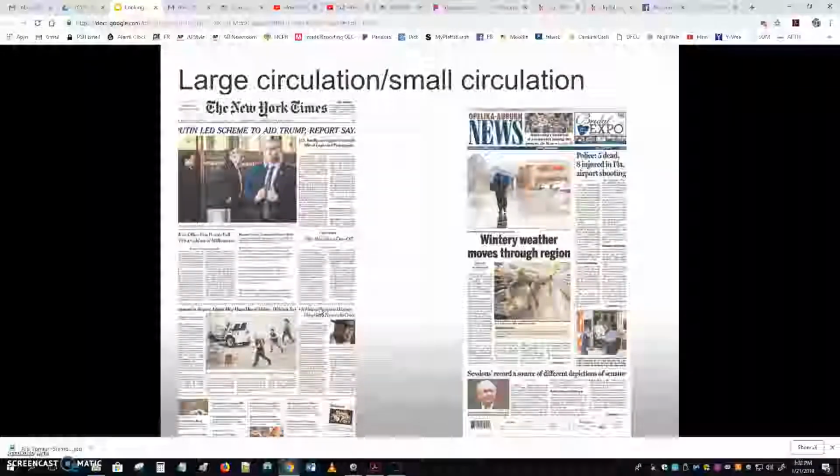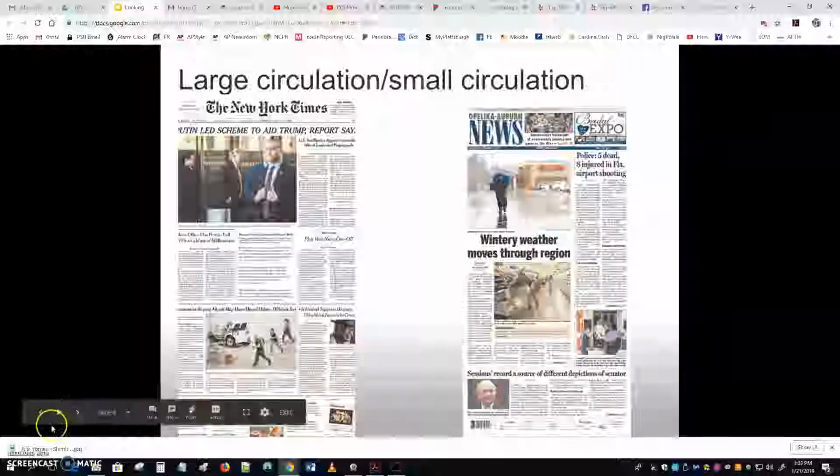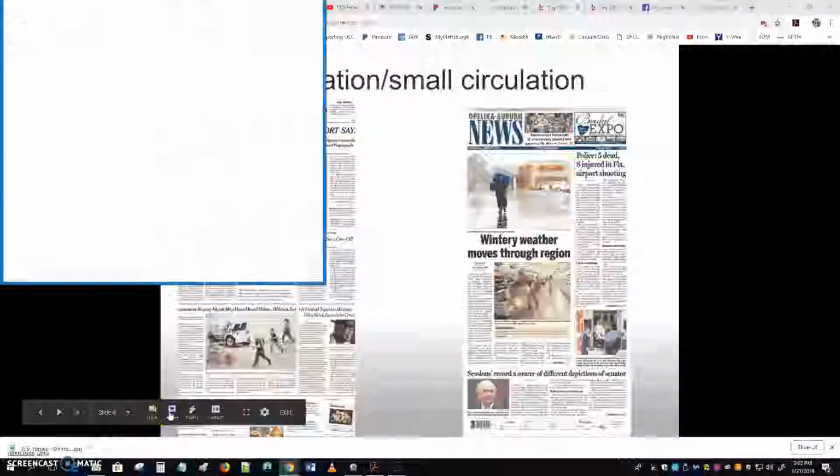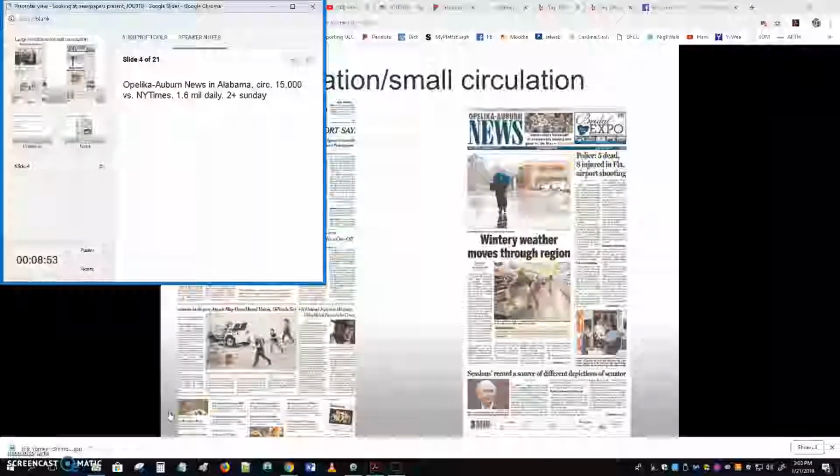But we could talk about some other things about newspapers. These might occur to readers or might not. We certainly have large circulation newspapers and small circulation newspapers. The New York Times has about 1.6 million daily, and about 2 million on Sunday. That's a good sized newspaper still.